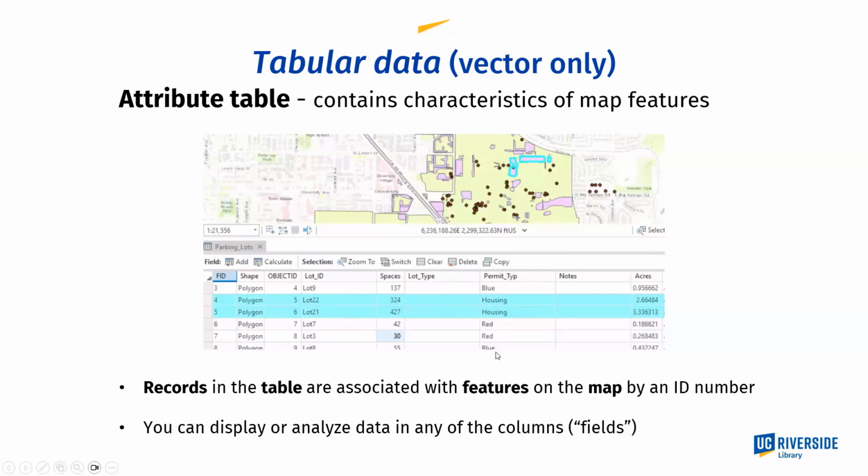And maybe you would color code these polygons based on what permit type it is. So all kinds of things you can do, but that's the setup for vector data with the shape, spatial information, and also an attribute table in the background.